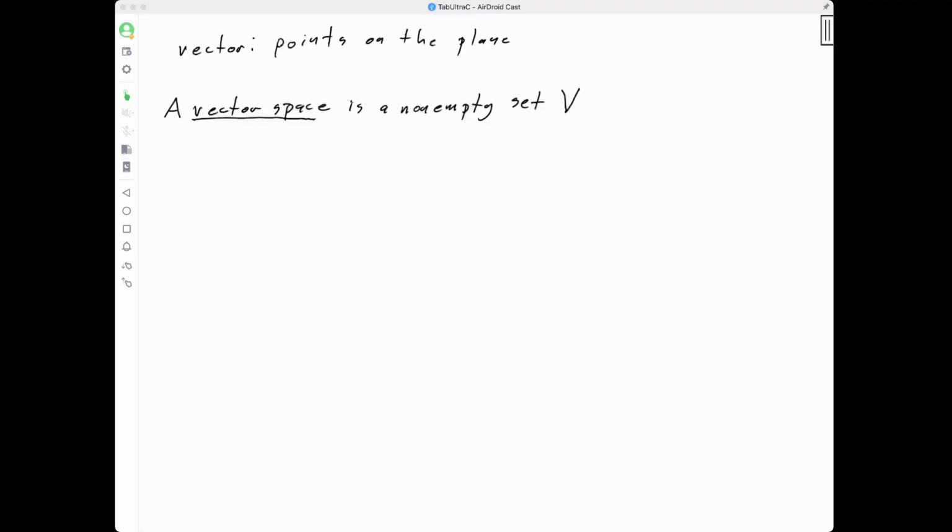We use the capital letter V to represent the set of all objects that are the vectors. So it's a non-empty set V of objects. What those objects are does not matter. But we will call those objects vectors.